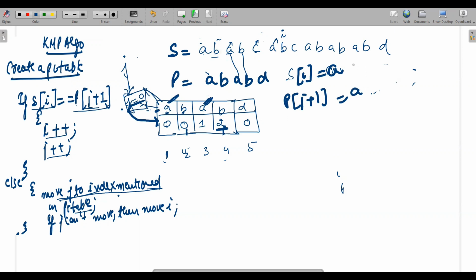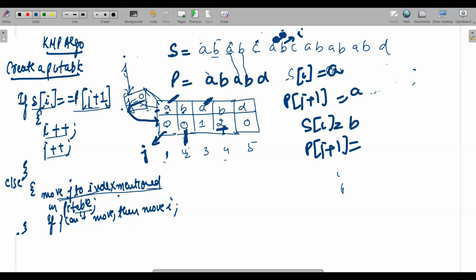When they match, you have to move the J. So earlier J was at 0, now J is at this location. I comes over here because it is a match. Again, we have to check S of I. S of I is now at B. We have to point J plus 1. Your J plus 1 would be this value.